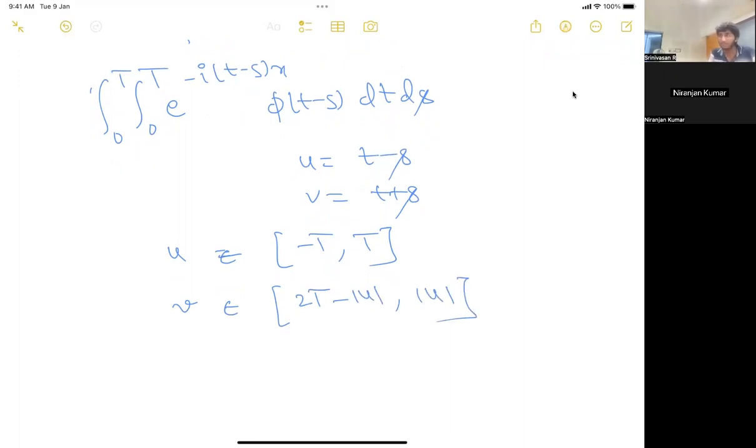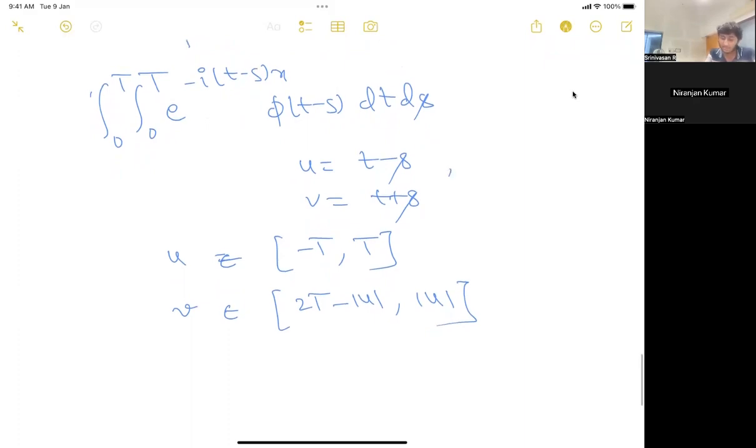Now using the change of variable and calculating the determinant, we are putting u and v as t minus s and t plus s. So t will be v plus u by 2 and s will be v minus u by 2.